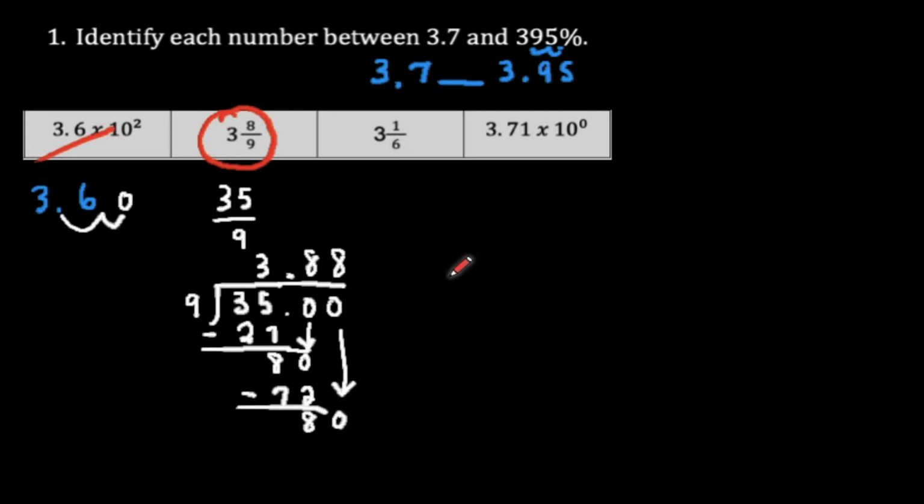What about 3 and 1/6? Again, we can turn this mixed number into an improper fraction, and then we can go ahead and divide. So that's 19 over 6. We'll go ahead and divide that. So 19 divided by 6. We'll place decimal zeros here.